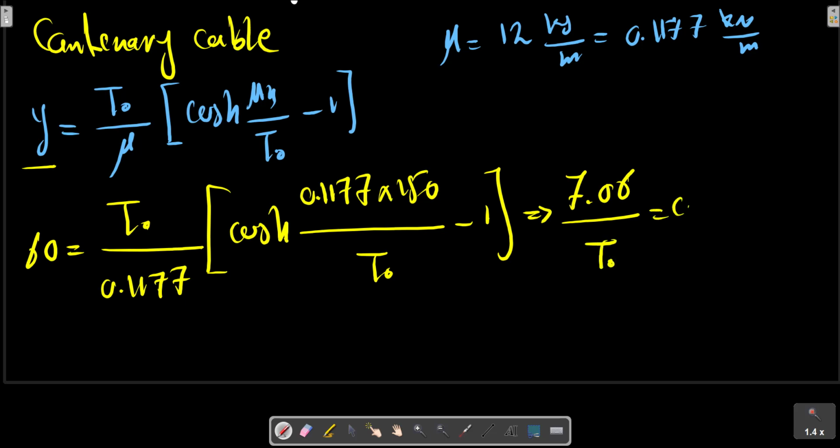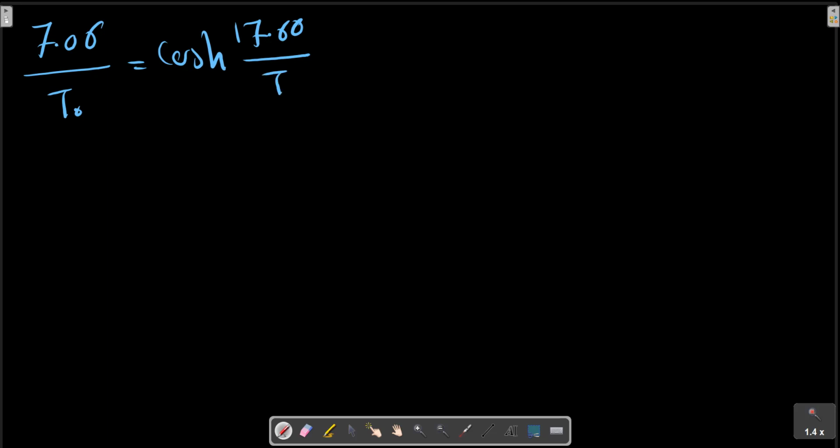T0 minus 1. The relation, graphical solution.